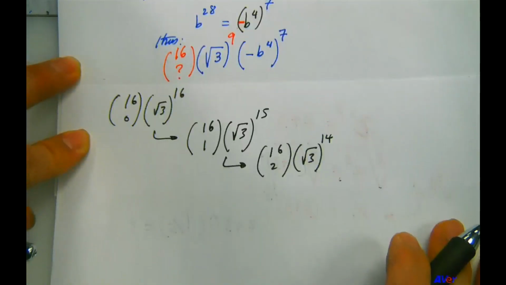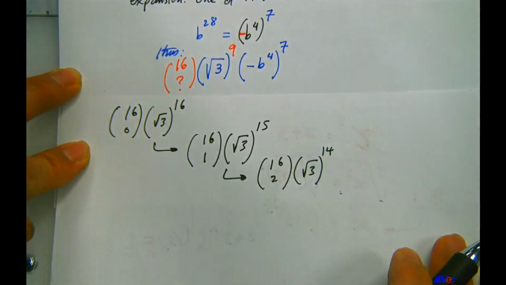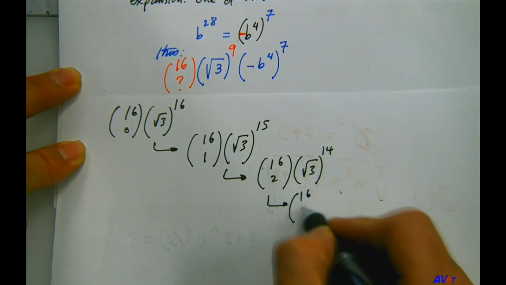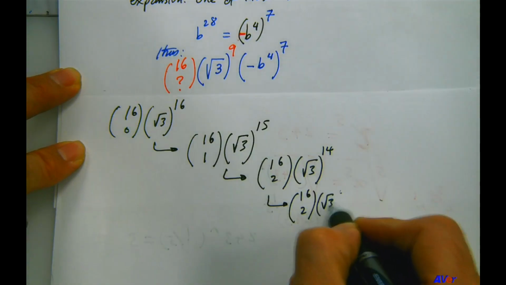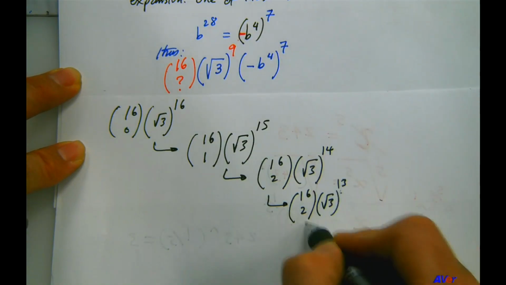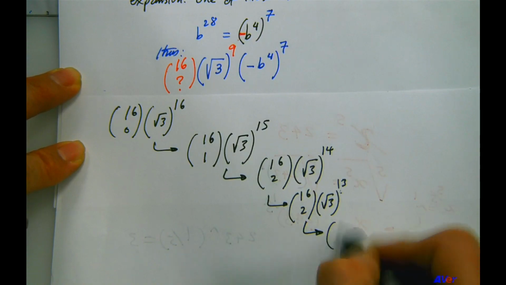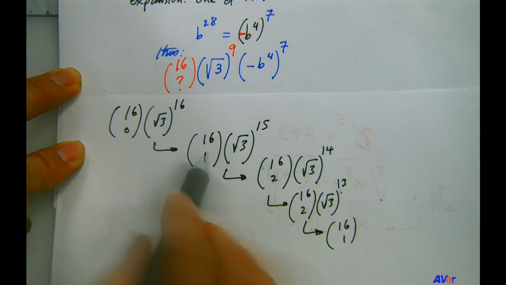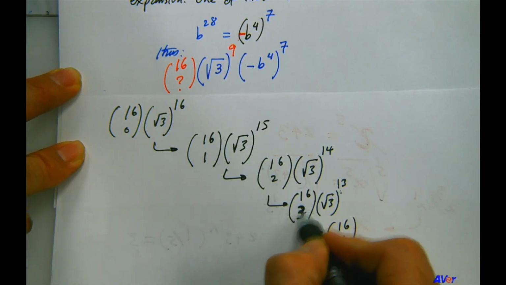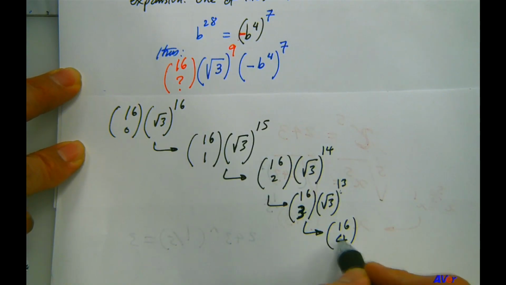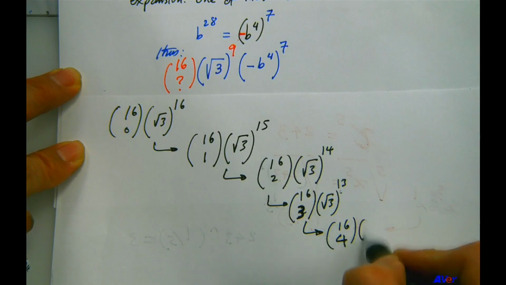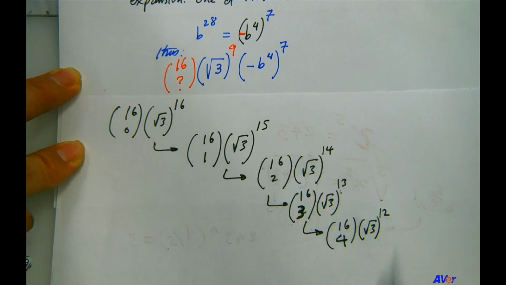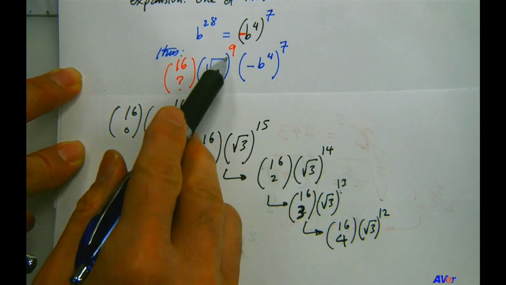Let me move this up. 16 choose 3, square root of 3 to the 13th power. 16 choose 4, square root of 3 to the 12th power. So far, so good. We're going to go to 9, right?